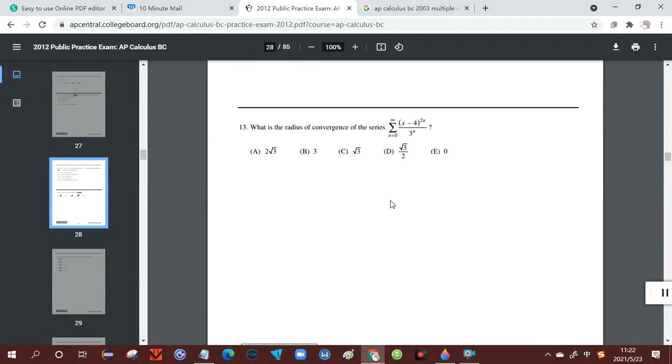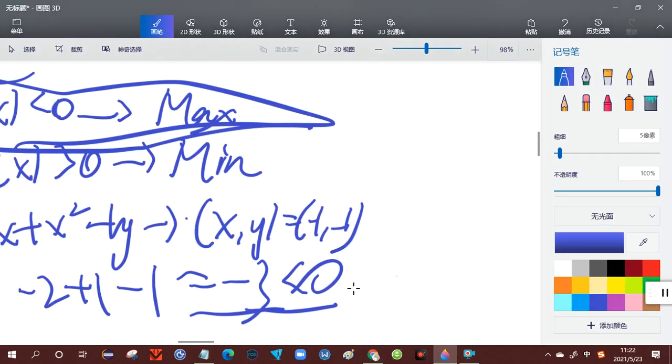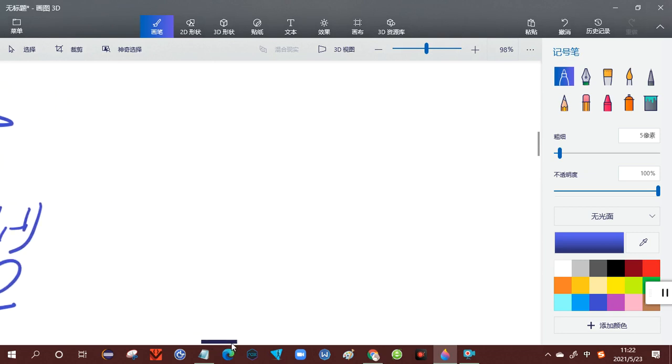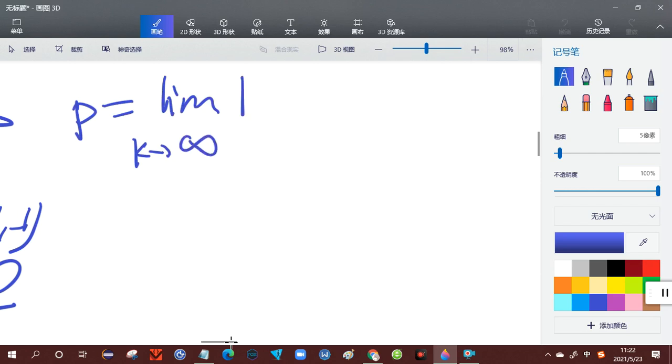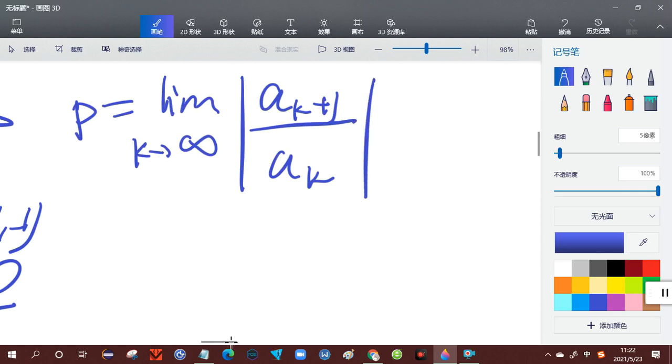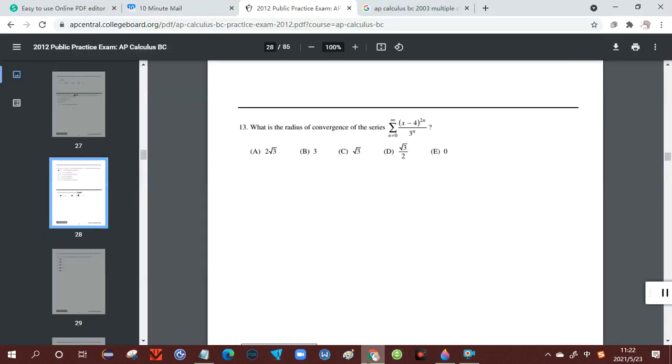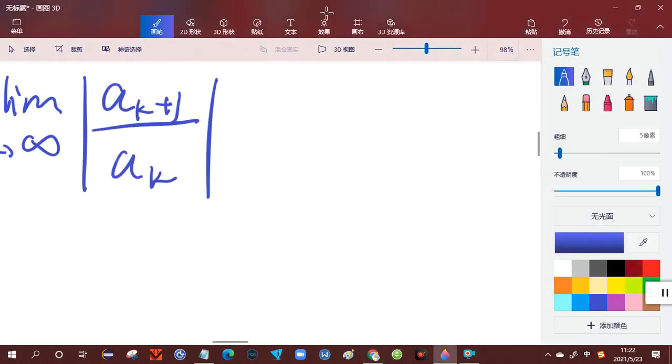Now let's look at the radius of convergence problem. What we need to do is recall the formula for the radius of an interval of convergence, which is p equals the limit as k approaches infinity. After we know this, let's simply begin. We first copy the equation, and it is equal to 0.